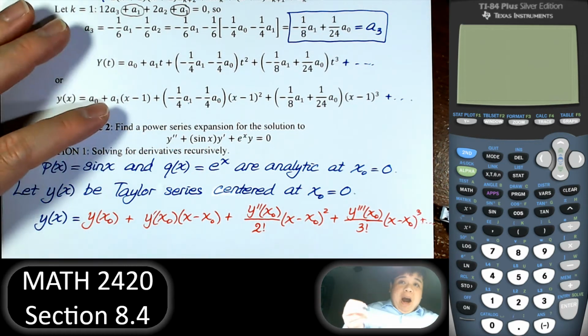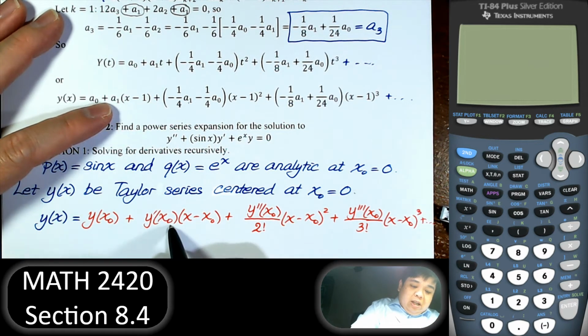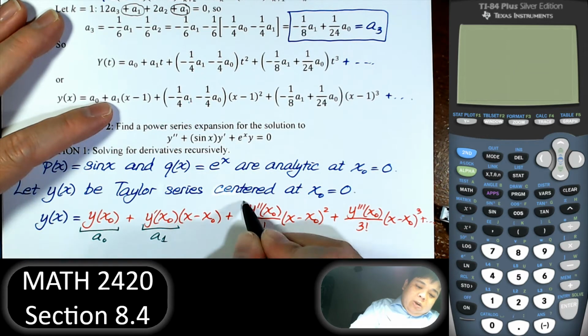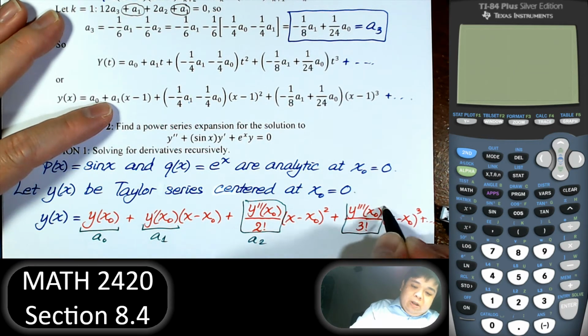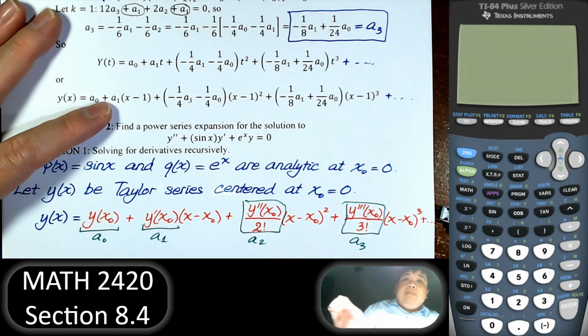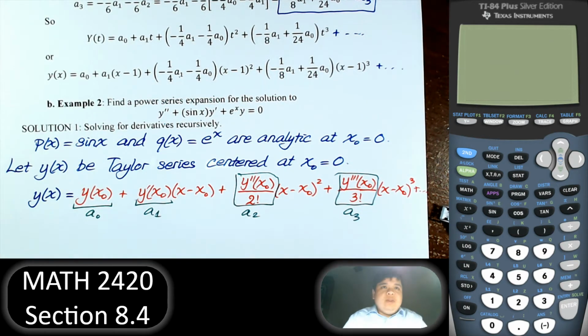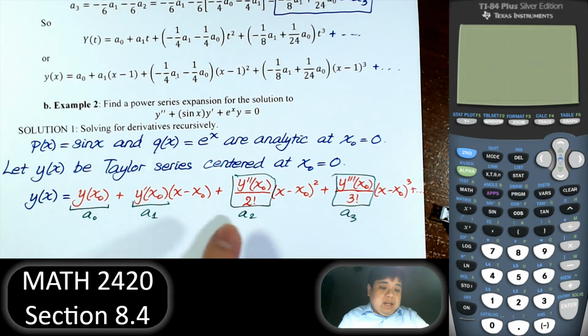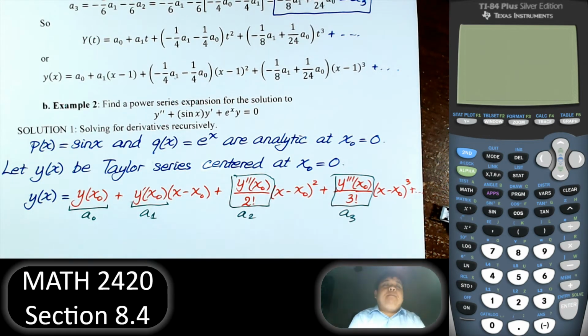Of course, for the general power series, we just say this is going to be a naught, a1, a2, a3, and so on. So that is the Taylor series, and if we use a, that's the power series, in general.